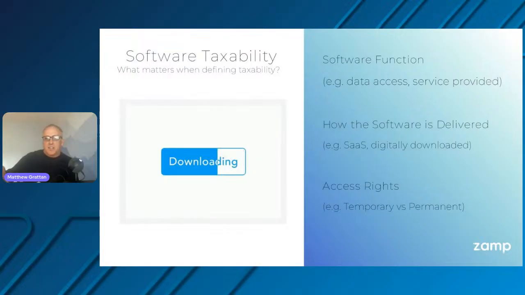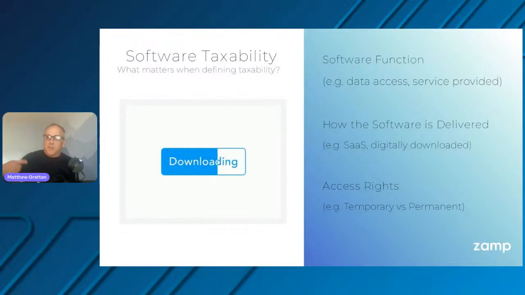And then access rights, I talked about that earlier. Is it temporary? Is it permanent? And why this matters is, if you get this wrong, there are some definite differences in how states look at, for example, pre-written software versus software as a service. We just had a customer recently, an international customer, who was defining their product as SaaS.